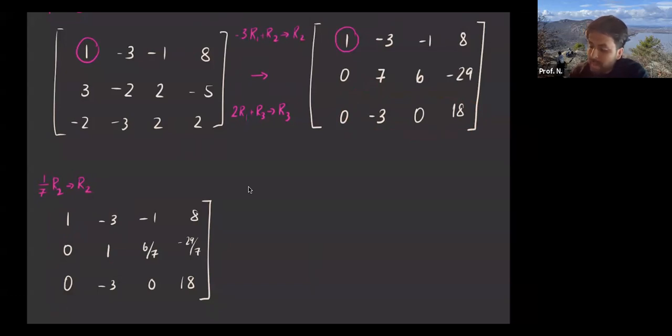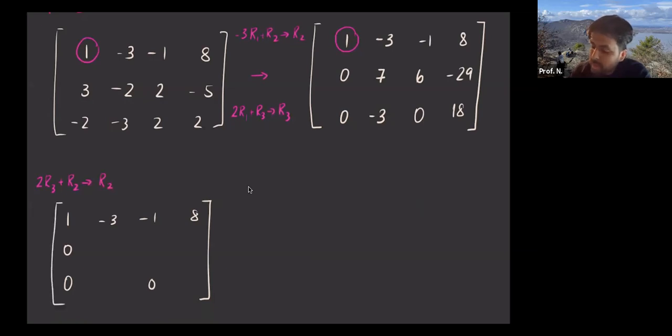Let me see if that works out. So you double R3, you add that to R2, and then you make that new row.